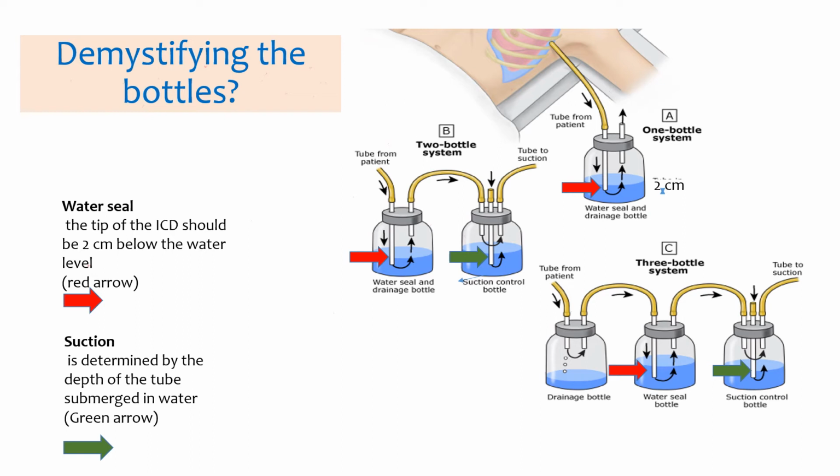And suction is controlled because that is open to the atmosphere, and the depth below controls the suction because all pressures are relative to the atmosphere. So this is the understanding and the physics behind these bottles. It is actually physics, the pressures, the atmosphere, the negative inspiratory pressure. So it's a little bit of physics and a little bit of basic understanding of what is going on.